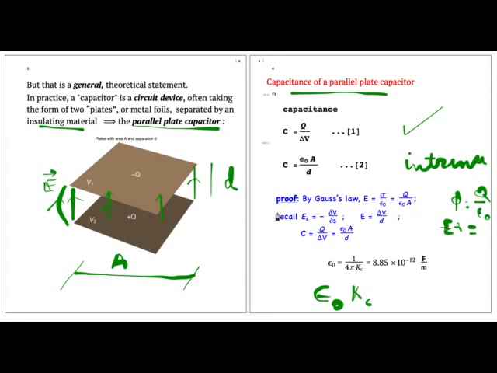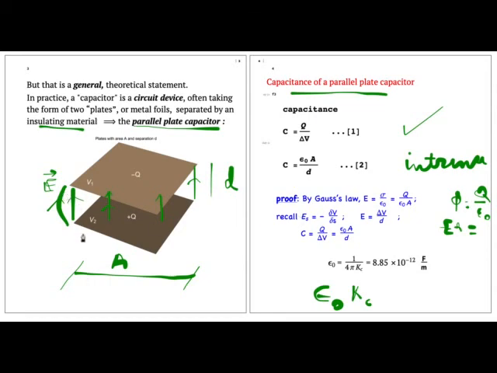Now, I have another equation for the electric field in terms of the potential. Remember, the electric field is the negative rate of change of the electric potential. That was from part 1 of the screencast. The change in potential per unit length, that's the rate of change of the potential, the negative of that is equal to the electric field.